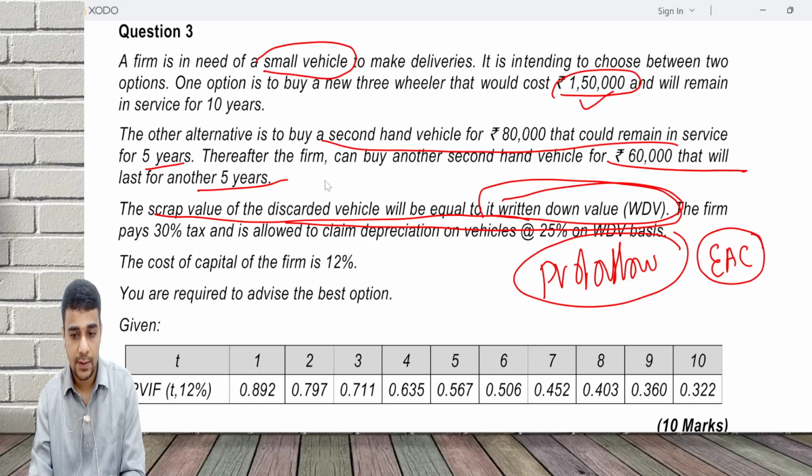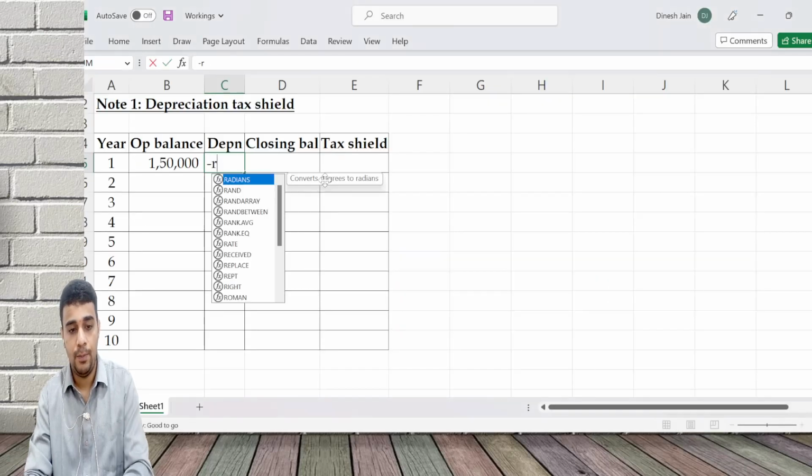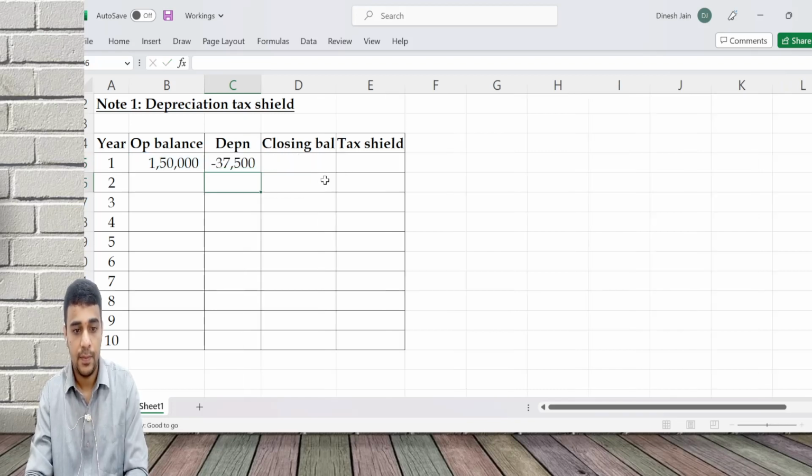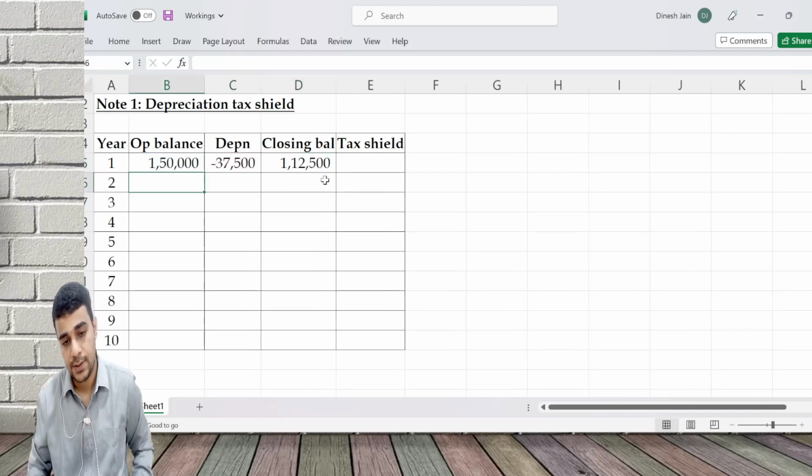Depreciation rate is 25% under WDV method. So 25% depreciation, closing balance 112,500.